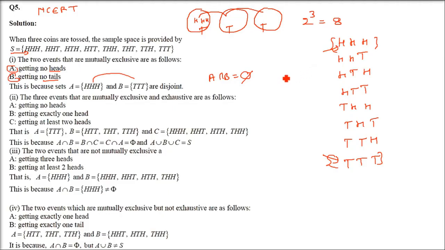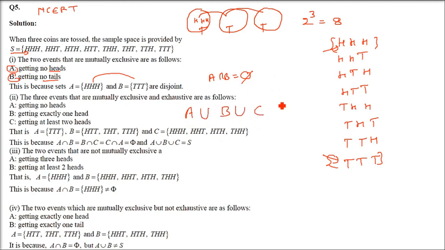The second one is 3 events A, B, C which are mutually exclusive and exhaustive. So 3 we have to make. Mutually exclusive and exhaustive also. So 3 events can be, first of all, what is exhaustive? Exhaustive, that is, we have 3 events A, B, C, let us say.